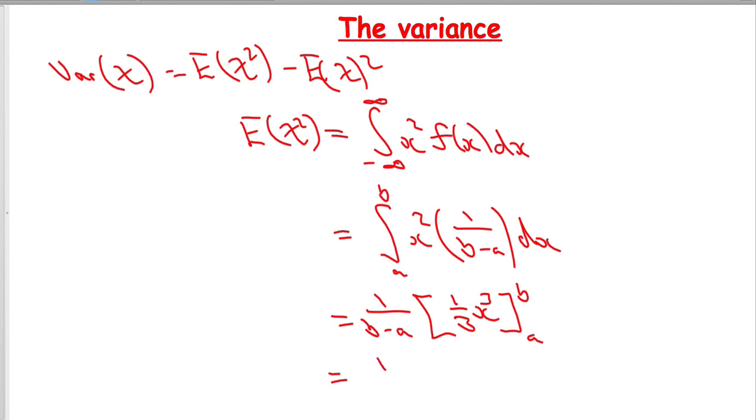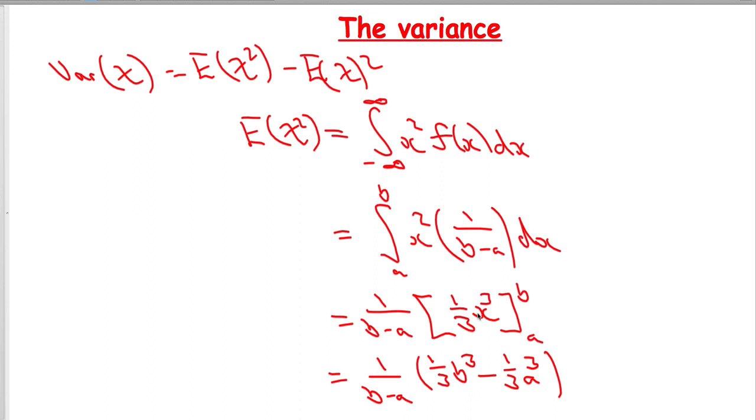So we get 1 over b minus a times, putting b in, 1/3 b cubed minus 1/3 a cubed.